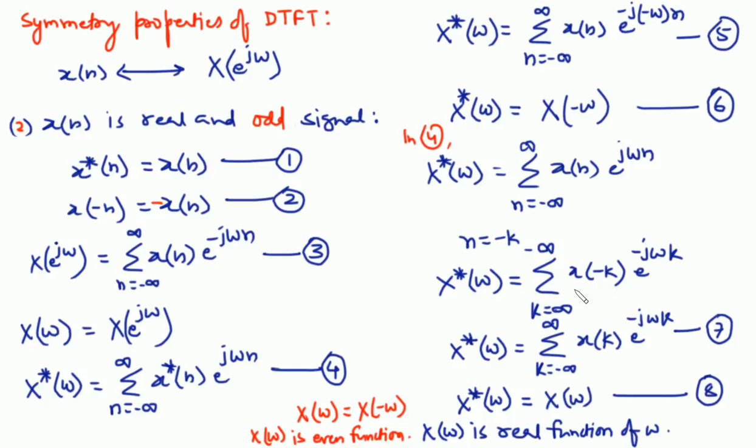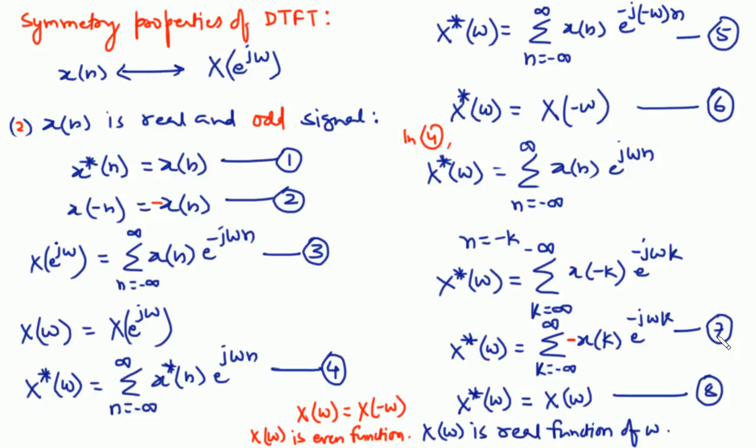So here, in place of x[-k], we will write -x[k]. So the complex conjugate of X(ω) is the summation of -x[k] e^{-jωk}, where k is changing from minus infinity to plus infinity.